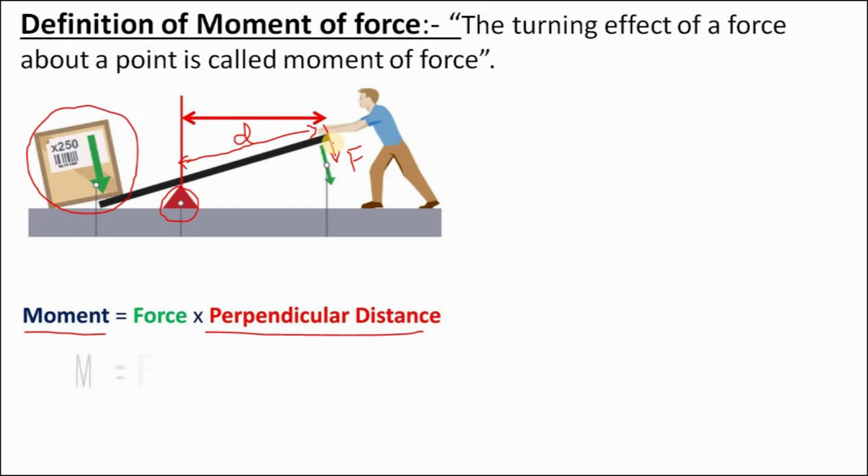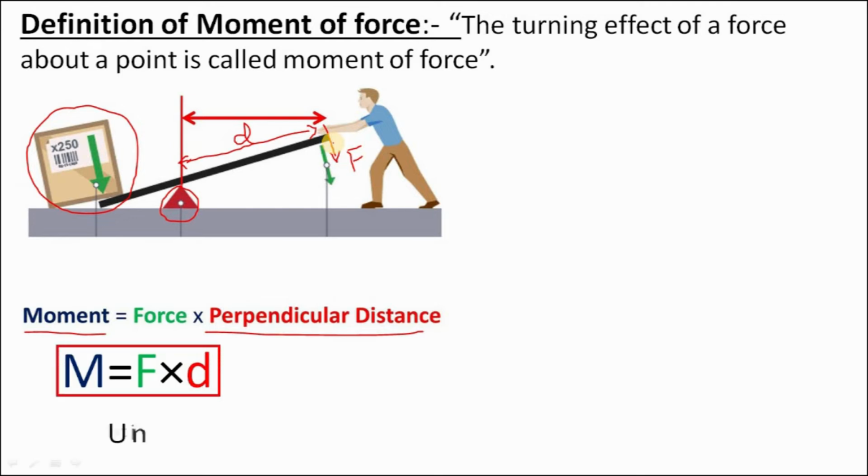So how can we write the formula? M is equal to F times D. And what are the units of moment? The unit of moment is newton meter, because force is in newtons and D is distance, that's why meters. So newton meters are the units of moment of force.